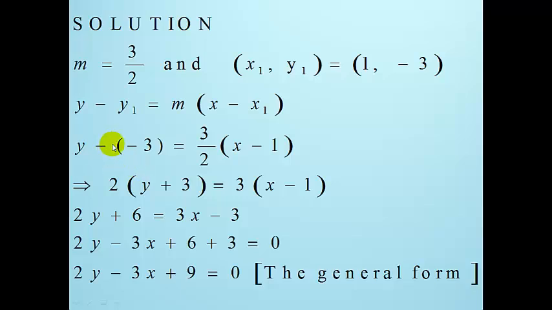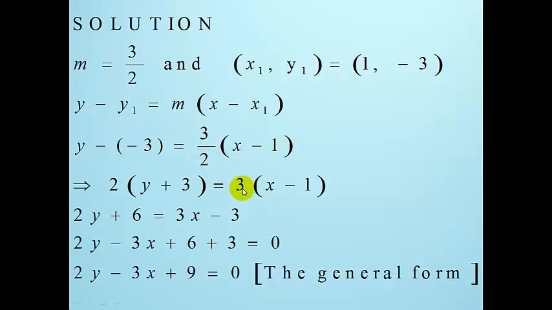Now the coefficient of the bracket is minus 1. So minus 1 times minus 3 will give us plus 3. That is how come we have y plus 3 in the bracket. Now multiplying through by 2, we multiply the left hand side by 2. That is why we have 2 before the bracket. So we have 2 times y plus 3, and this is equal to, when we multiply the right hand side by 2, the denominator 2 is cancelled.